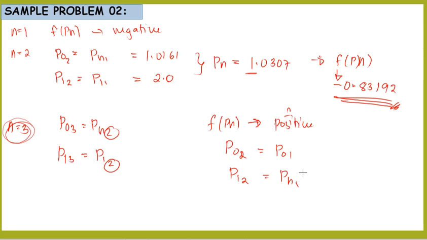So, ganyan. Baliktad naman ito. Baliktad dyan, pag positive yung function of Pn natin. And then, you have to iterate again and again until we have the function of Pn equal to 0 or approximately 0.